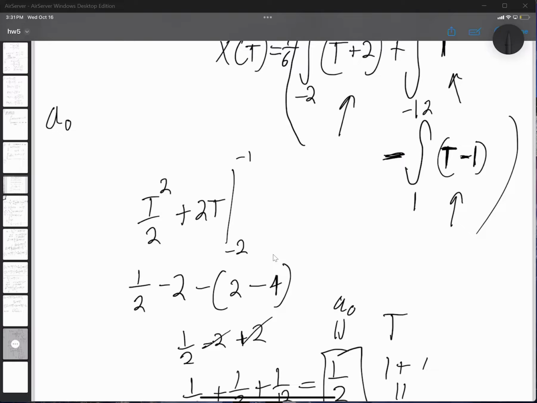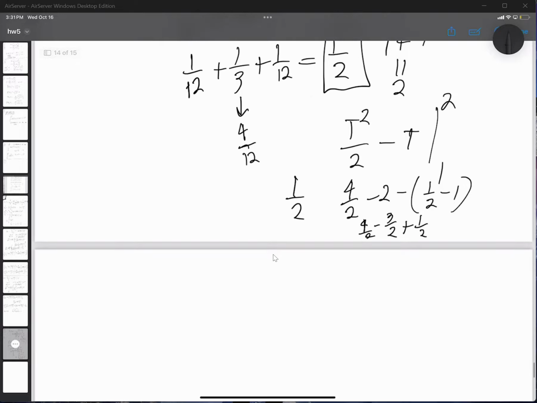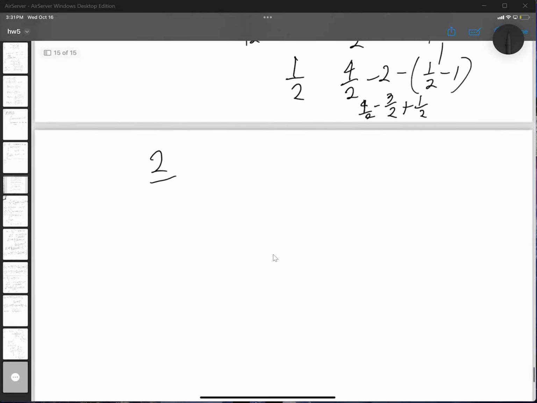With cosine. Oh my, I don't want to do that. Okay, well, t over t naught, integrated.